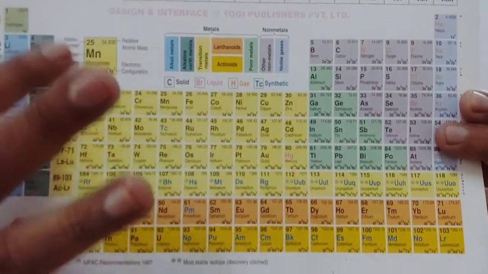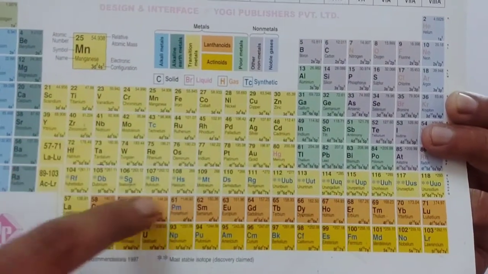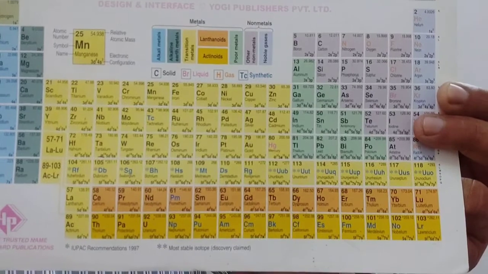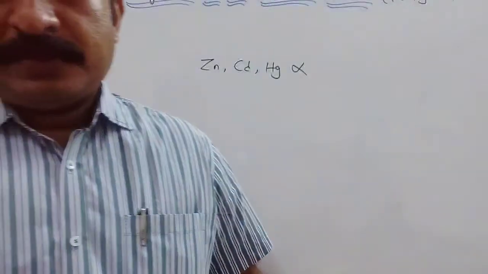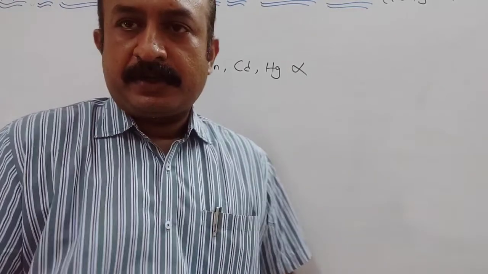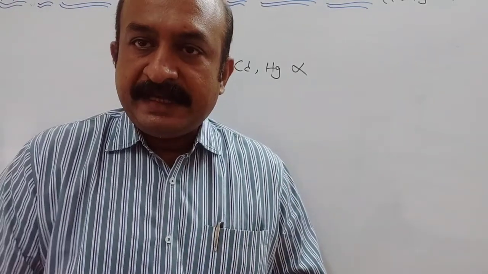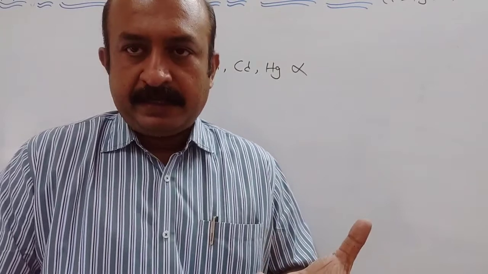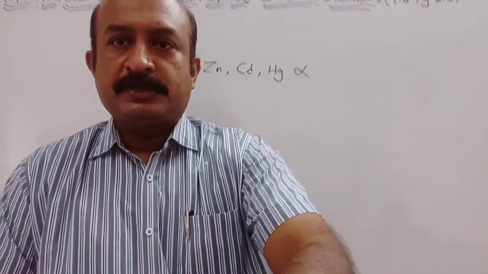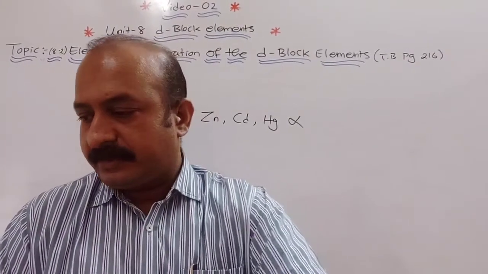This all 4 series with names and everything is given here. So this was all about the 4 transition series, general electronic configuration (n-1)d 1 to 10 and ns 1 to 2.